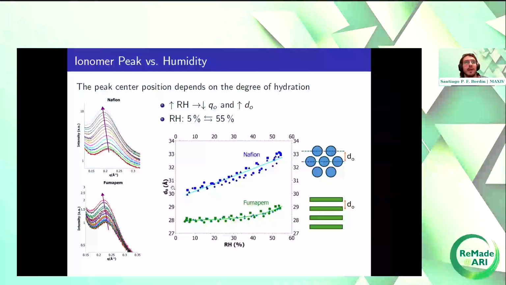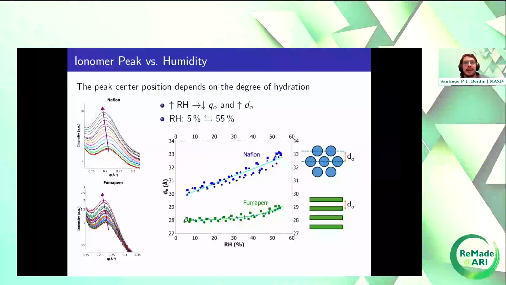This distance that we are representing here is for the hexagonal clusters in the Nafion membrane, the distance between the centers of two planes, and for lamellar it is the distance between the centers of lamellae.